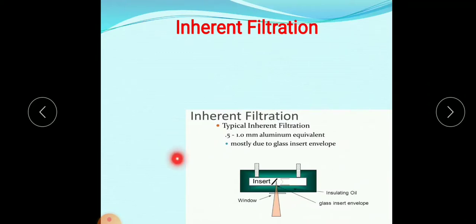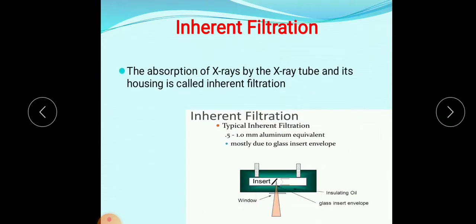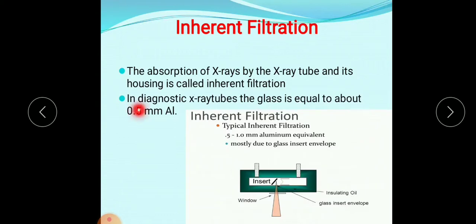This is the diagram of the inherent filtration. The absorption of X-rays by the X-ray tube and its housing is called inherent filtration. In diagnostic X-ray tubes, the glass is equal to about 0.5 mm of aluminum.